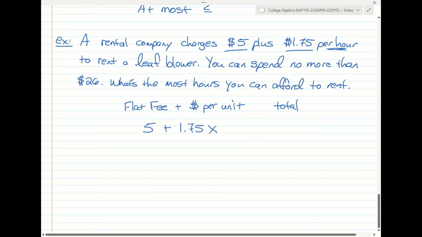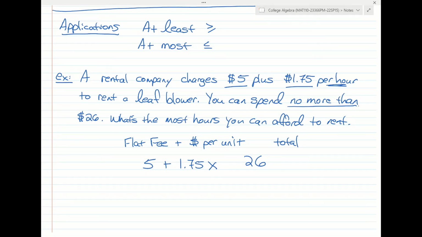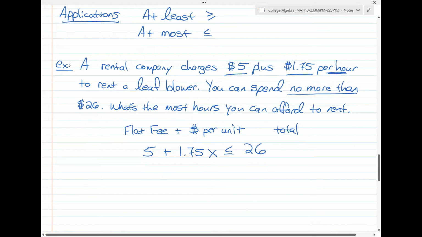And we want to spend no more than $26. Is no more than the same as at least or at most? Well, we have $26. So do we have to spend at least $26 or do we have to spend at most $26? At most. So we're going to use this inequality here.